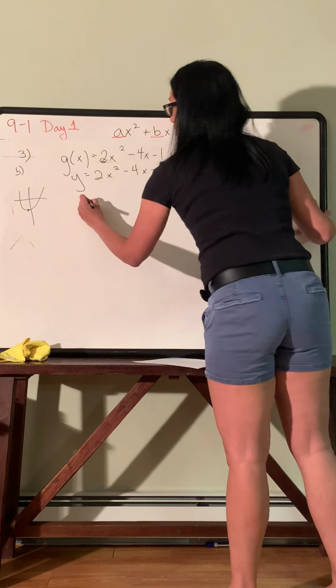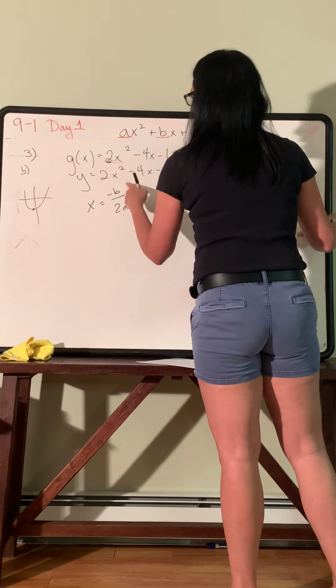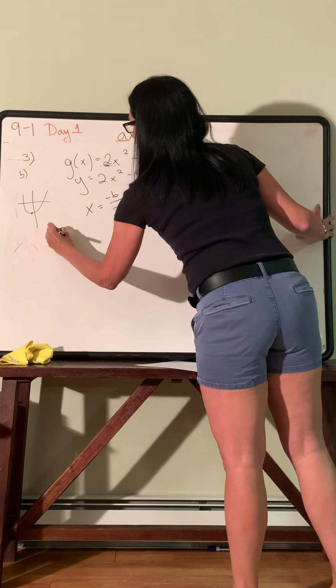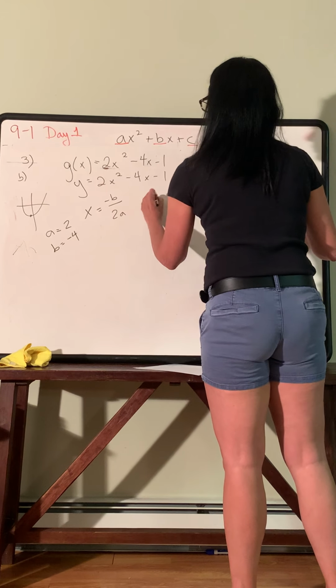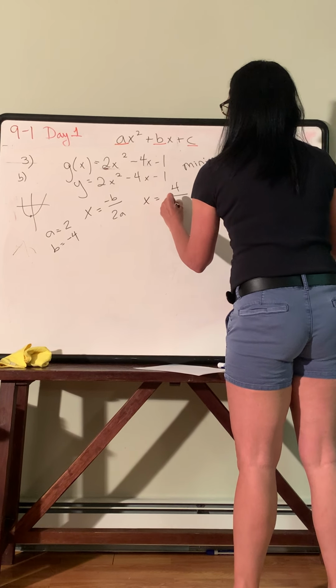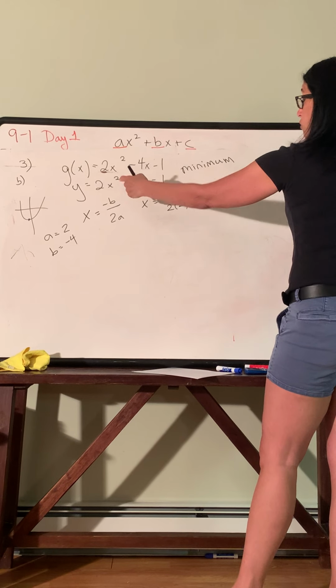Okay, then they want me to figure out what is my lowest point, what is my minimum. So go back to the same formula, x equals negative b over 2a. My a equals 2, b equals negative 4, x equals 1, just like before. Plug it back in.